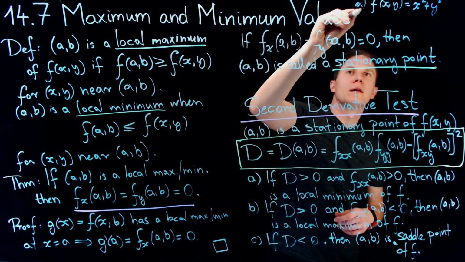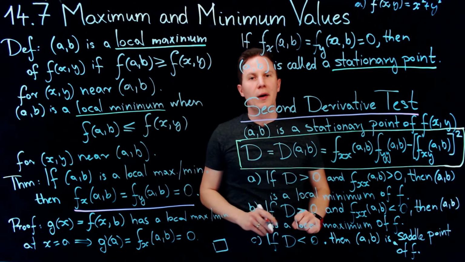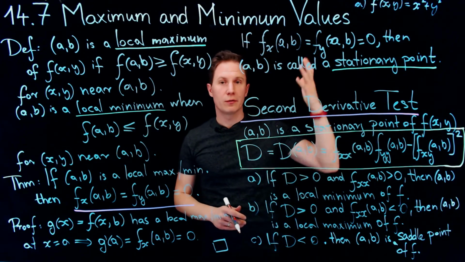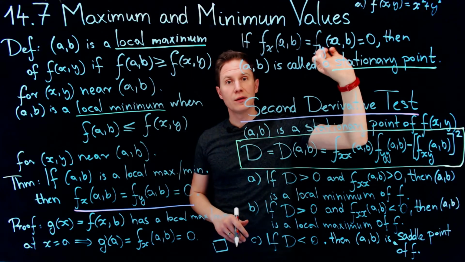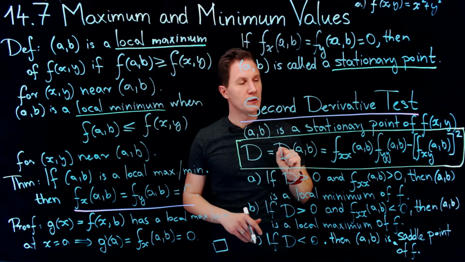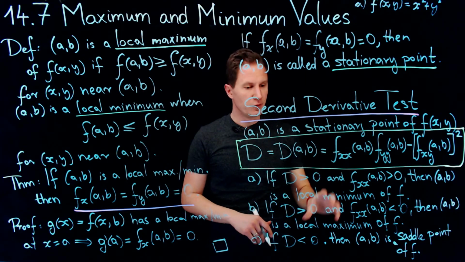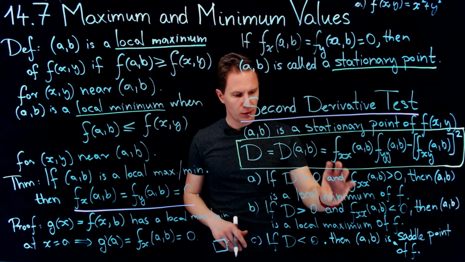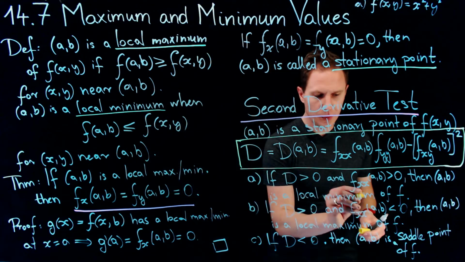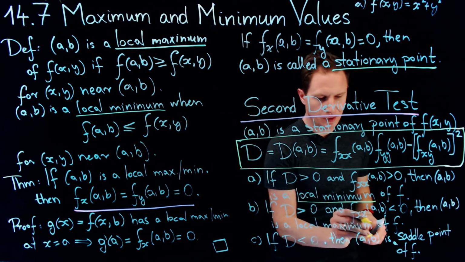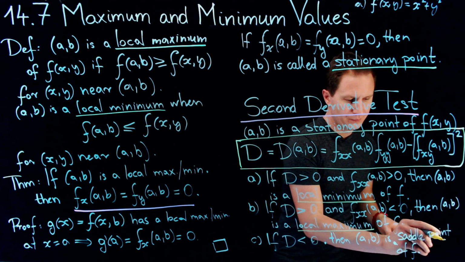Okay, this is my first example. My question to you is to decide whether the origin, x equals 0, y equals 0, which is a stationary point, is a local minimum or local maximum or a saddle point. What do you think? Pause the video and select your answer below.